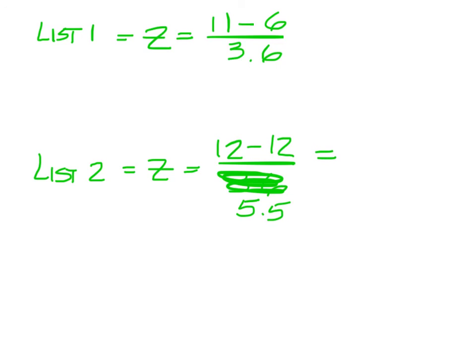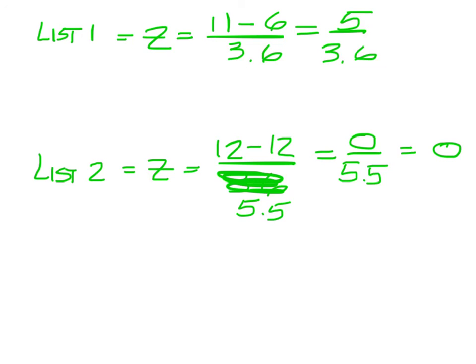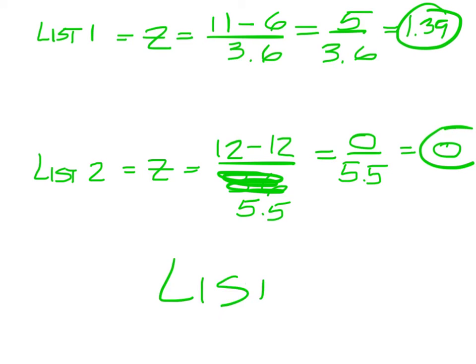Either way, on the second one, since you have 12 minus 12, it's 0. But over here, we have 11 minus 6, which is 5. Divide by 3.6. 5 divided by 3.6, 2 decimal places, is 1.39. So which one had the better performance? Which has the greater number? List 1, and it was item 11.